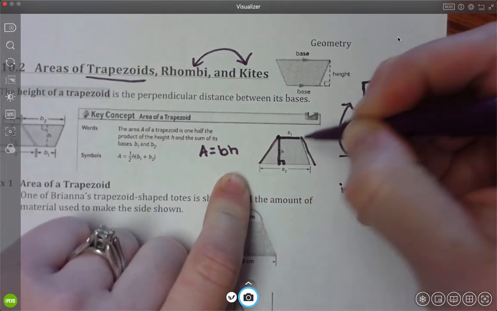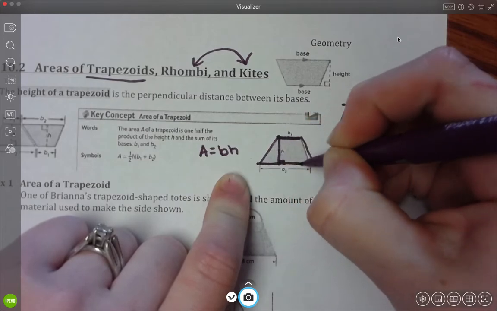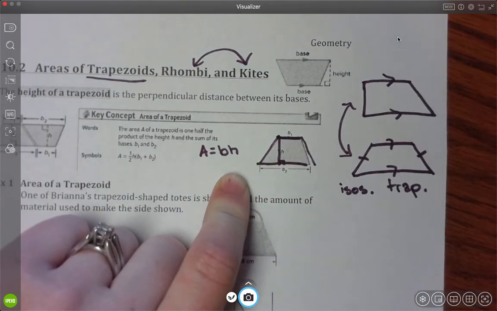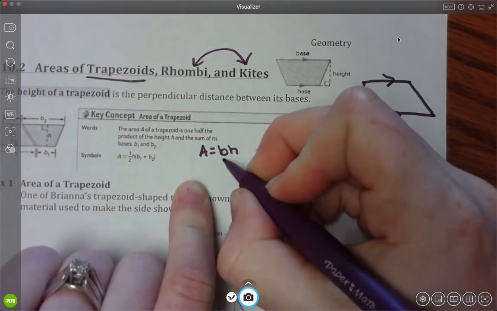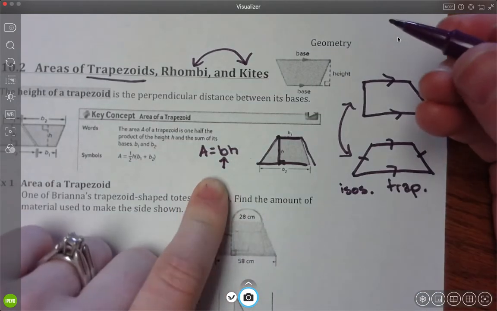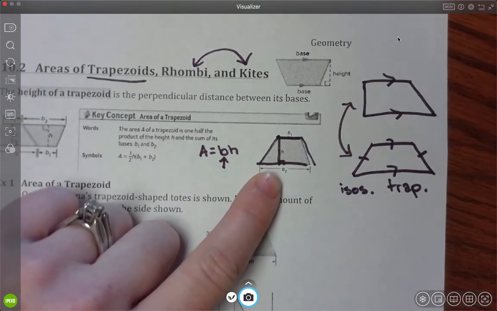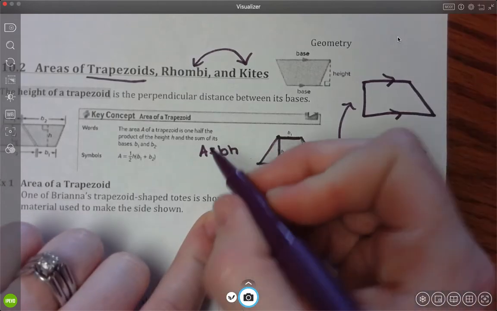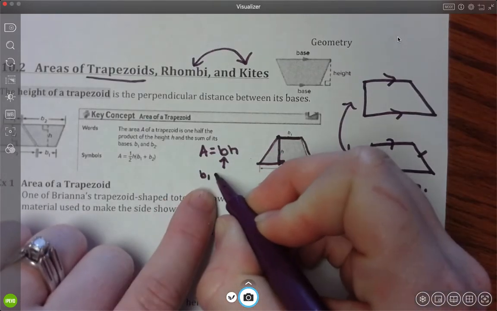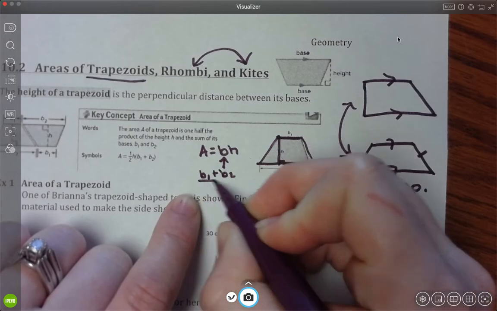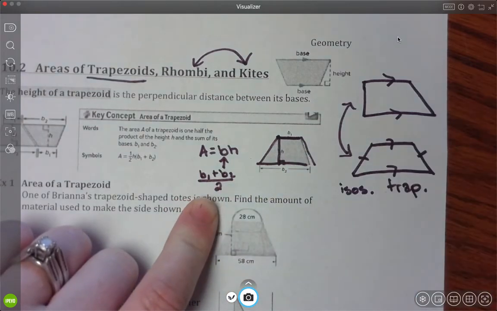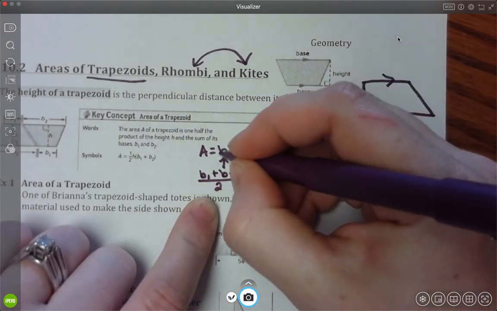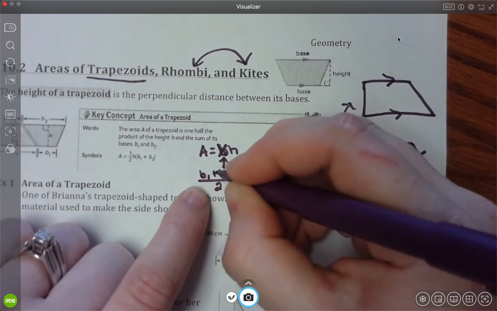It has this top base and it has this bottom base, okay? So instead of using just one base, I find the average of the two bases. To find the average, I add them together, so I take base 1 and add that to base 2 and I divide by 2. That's how I find the average, right? So instead of using b, I'm going to use base 1 plus base 2 divided by 2.